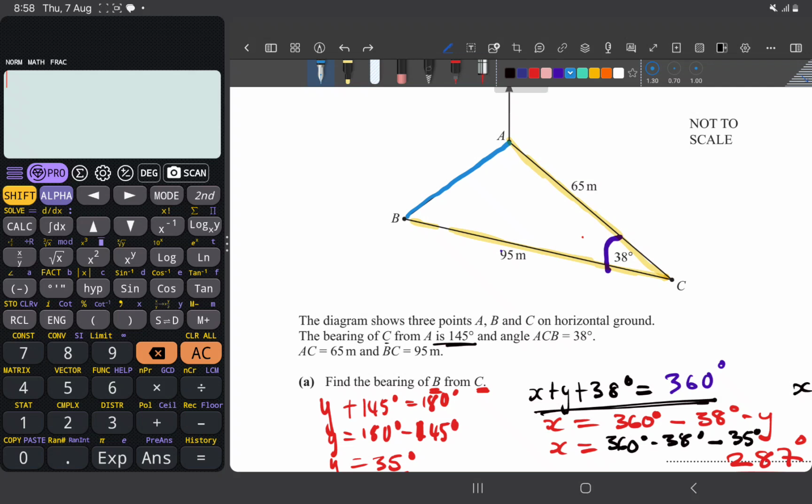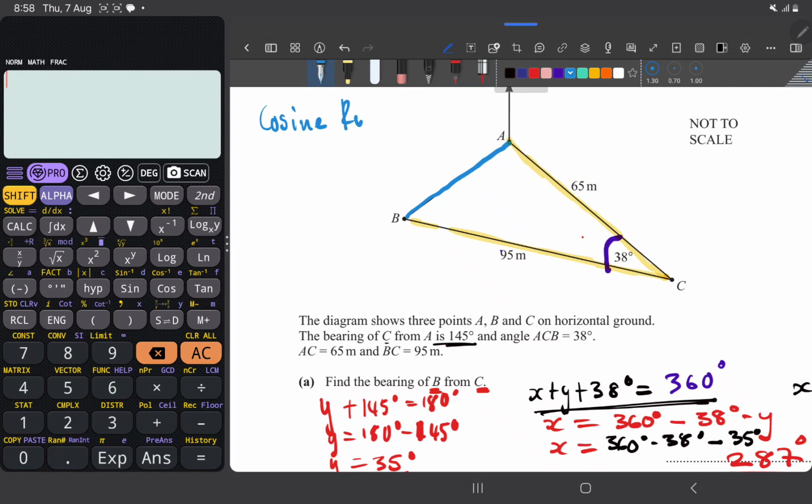The cosine rule is used in only two situations. It will be a non-right angle triangle, but then it will either have an included angle, or you have a non-right angle triangle and you are given all three sides and they ask for an angle. Are you hearing me? Any other case, you have to use the sine rule.